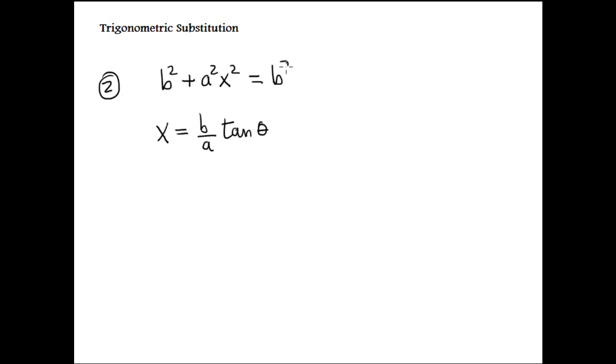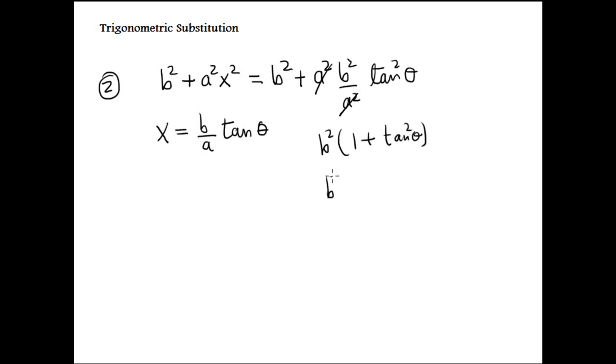This is b squared plus a squared times b squared over a squared tangent squared theta. A squared is cancelled. b squared is a common factor. b squared times 1 plus tangent squared theta is secant squared. You compare this and this. Let's see how we do the integration after, but this is the basic idea.